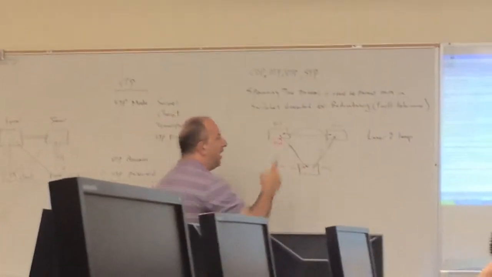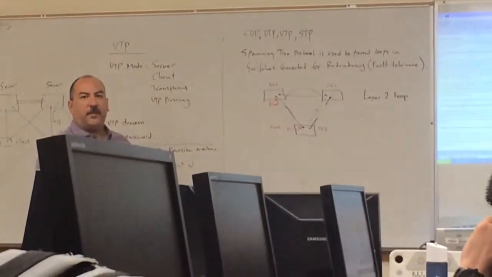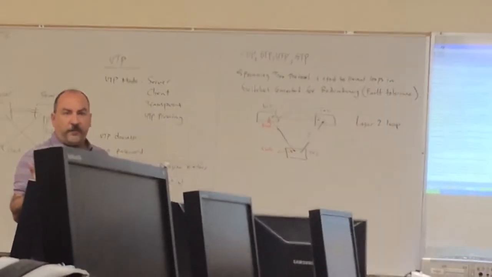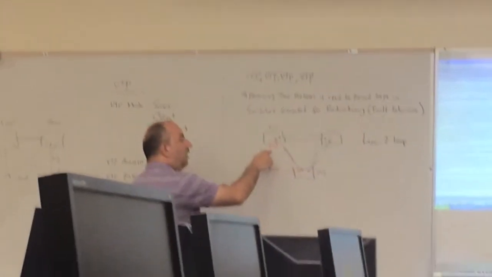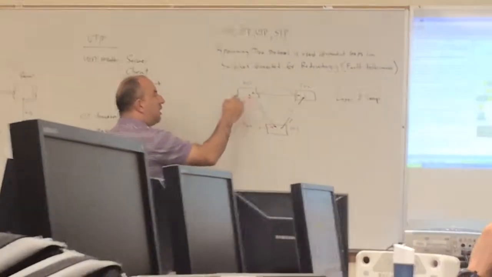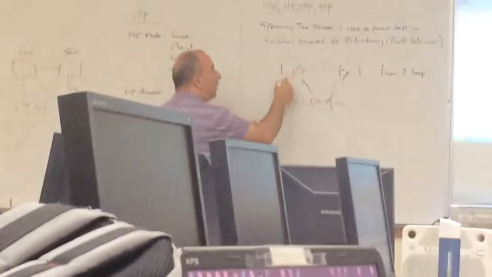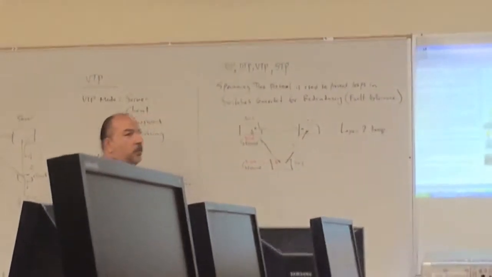So for some reason, if this cable gets disconnected, somebody physically disconnects it or shuts down the interface or does something, then what happens is that these ports in here are going to transition from blocking into forwarding. So they start forwarding traffic again. Then the data will instead start traveling this way and go to this switch.